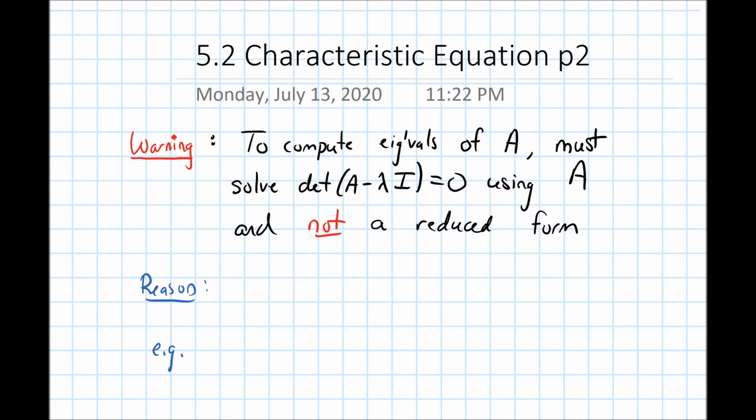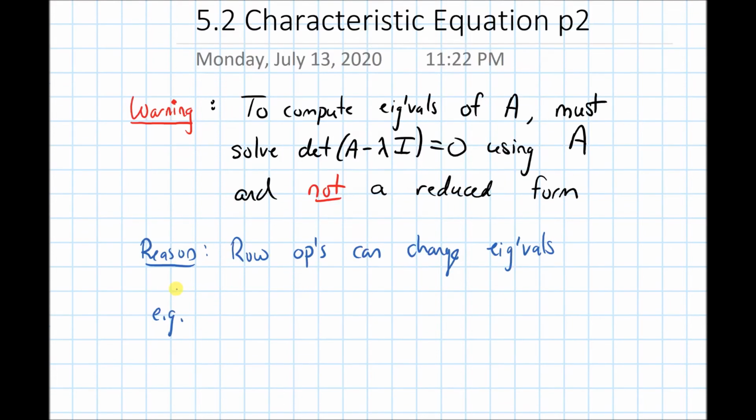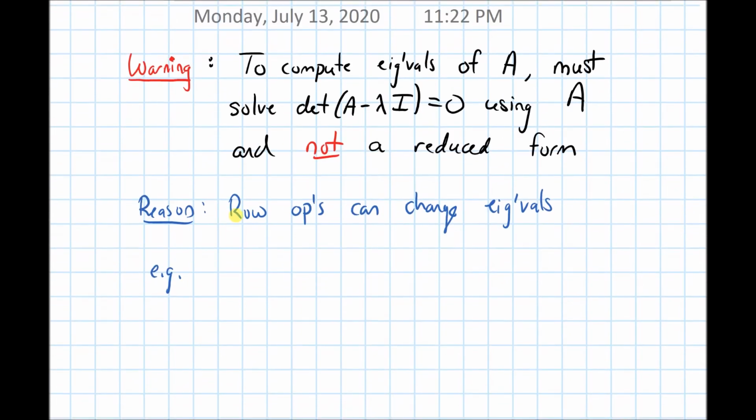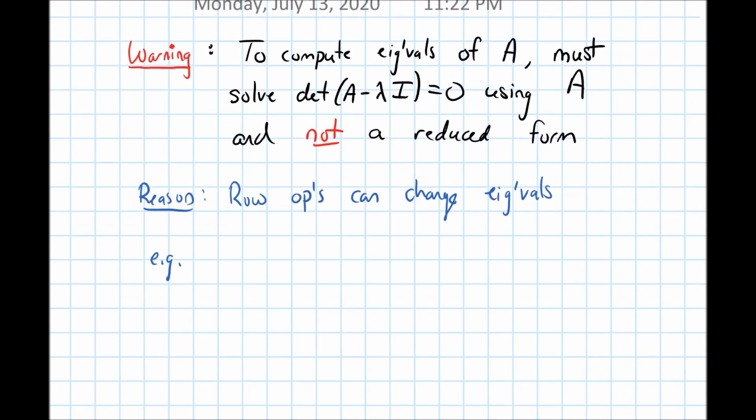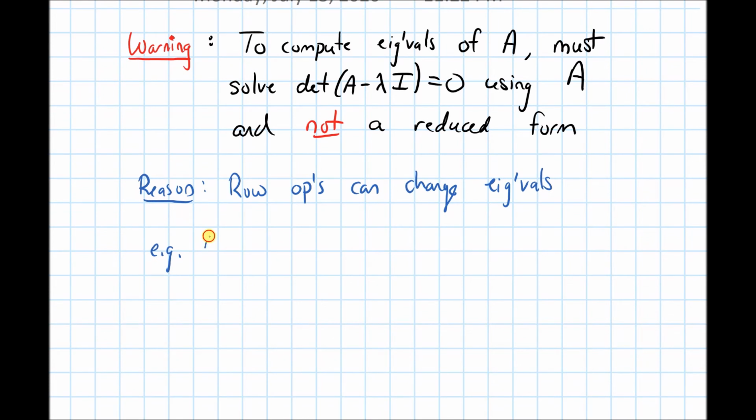The reason is that row operations, or row ops for short, can change the eigenvalues. I'll give one example, but pretty much every row operation can change the eigenvalues in certain examples.